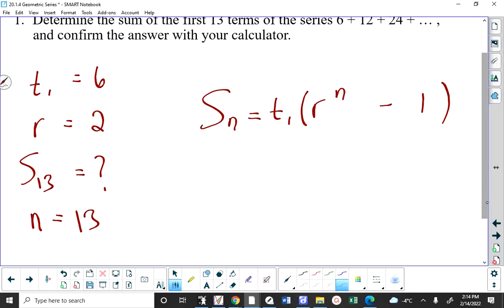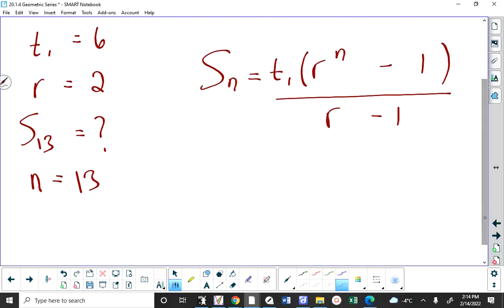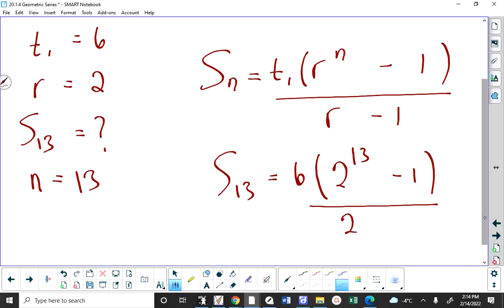It's very easy to put that 1 where it doesn't belong over just r minus 1. So we can put in all of the numbers. S13 equals T1, which is 6, times 2 to the 13, common ratio raised to n, then minus 1, over 2 minus 1. And I would like everybody to use your calculator to determine the value of that sum.